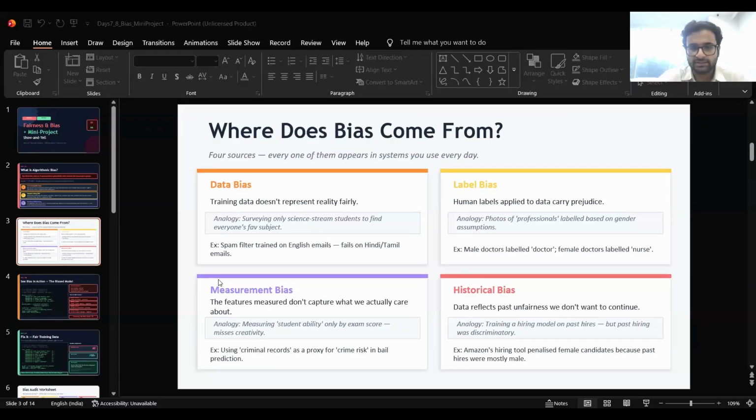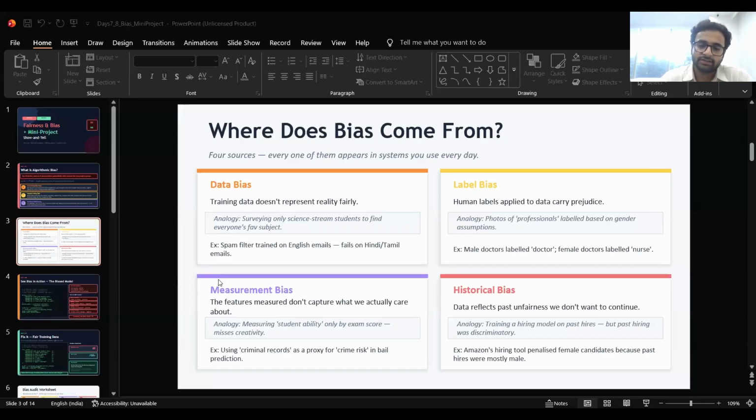Historical bias: even a perfectly collected data set from the real world can reflect historic inequalities, which people do not actually want to carry forward. If you train a model to hire people based on who was hired in the past, and the past had some imbalances or discrimination in hiring, then the model will replicate that discrimination, even without trying to discriminate.